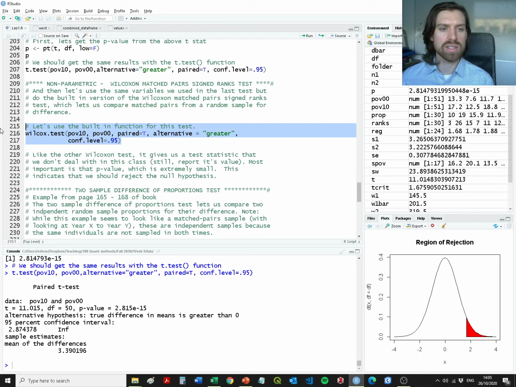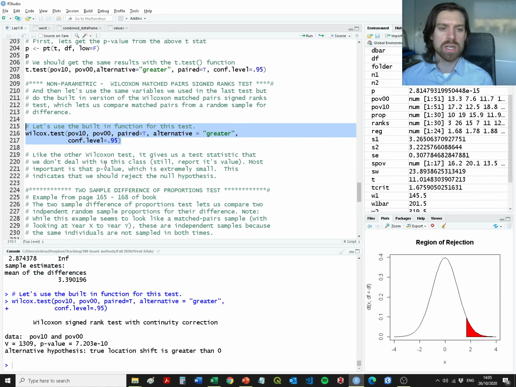And when we do that for the poverty rate in 2010 and poverty rate in 2000, we end up with this really quite small p-value, again 7.2 to the minus 10. So even if we use the non-parametric version here, after downgrading the continuous data to ordinal, this is highly significant. So it's a very, very strong effect that we're able to capture.